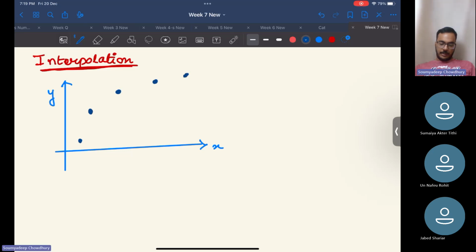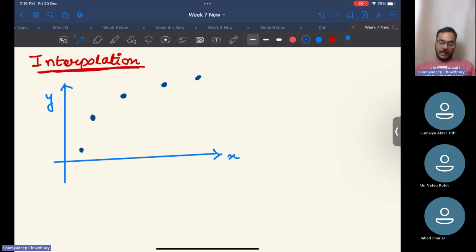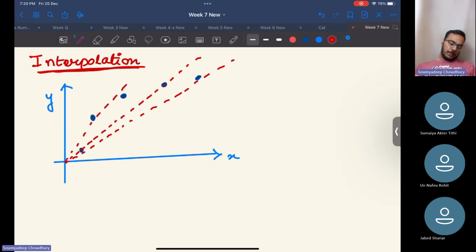Suppose you have a data set like this. If I ask you to fit a linear straight line to this data, we will try to draw something like this, or wherever the error is less, through this or this line, or like this.